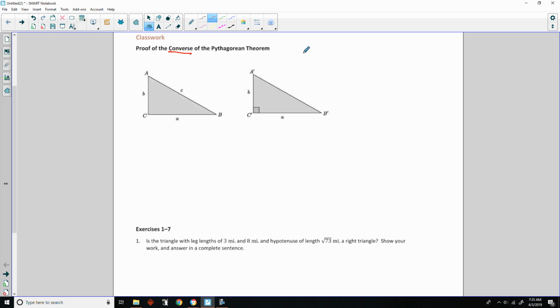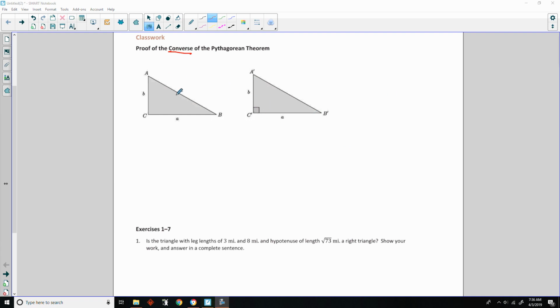So for instance, if I said, if a squared plus b squared equals c squared, then the triangle is a right triangle, the converse to that would be, if triangle ABC is a right triangle, then a squared plus b squared equals c squared. So the converse is just taking the if and making it the then, and taking the then and making it the if. Okay, so now we're going to prove using the converse of the Pythagorean theorem.